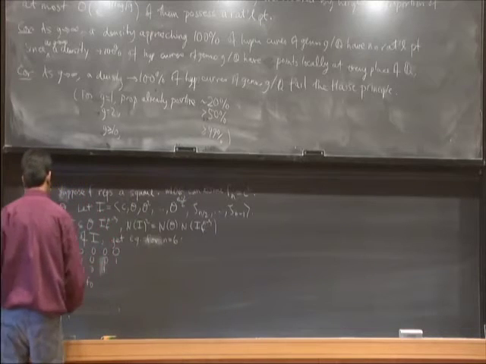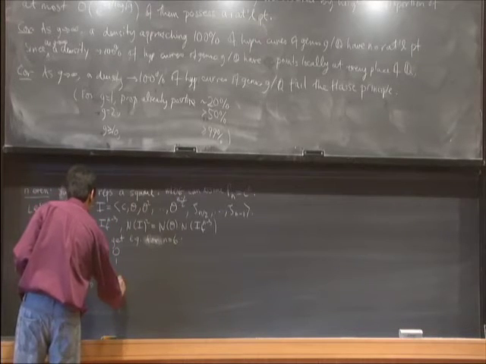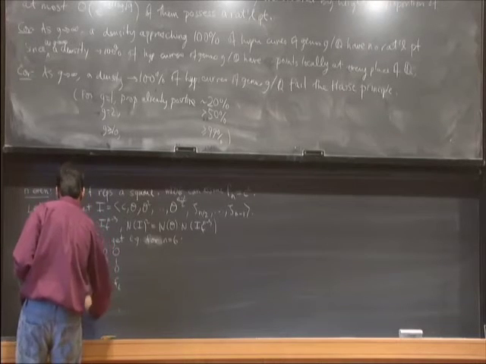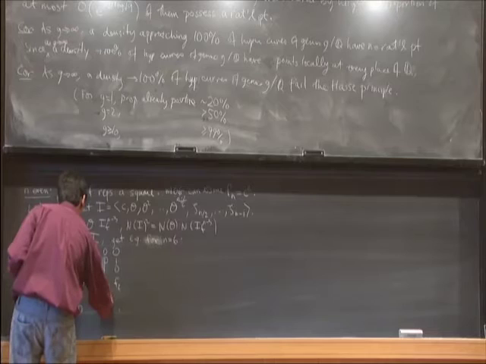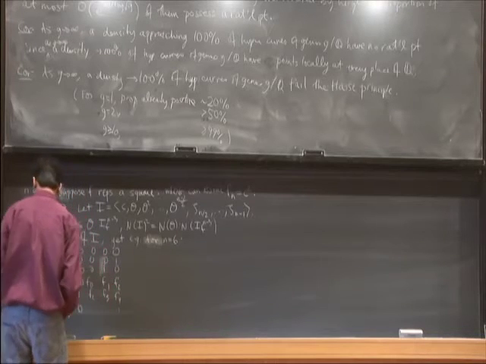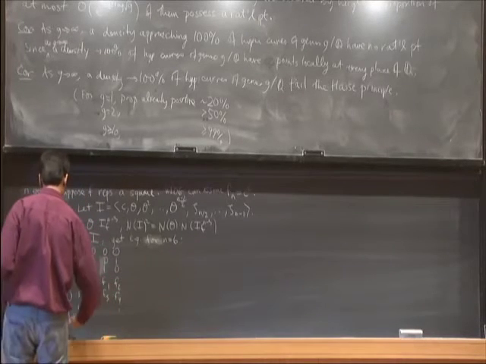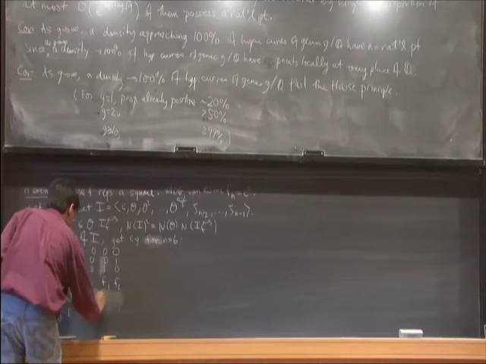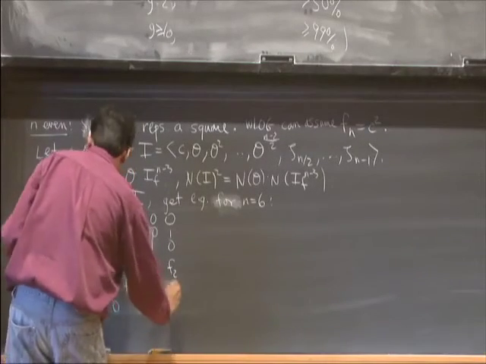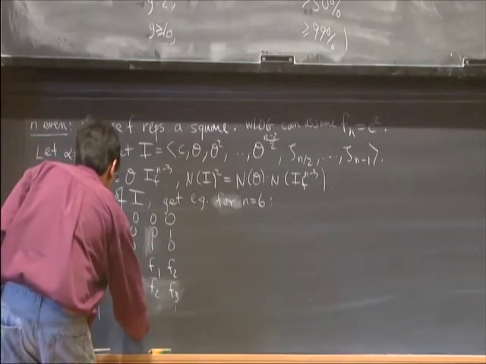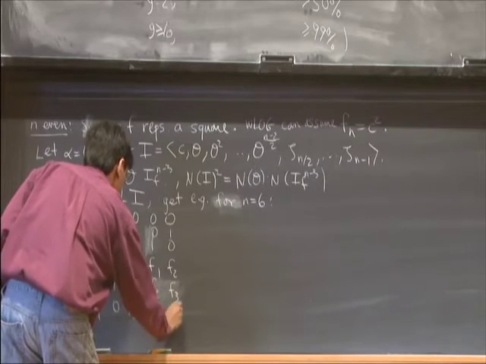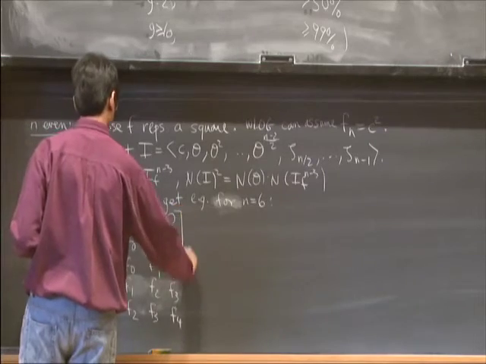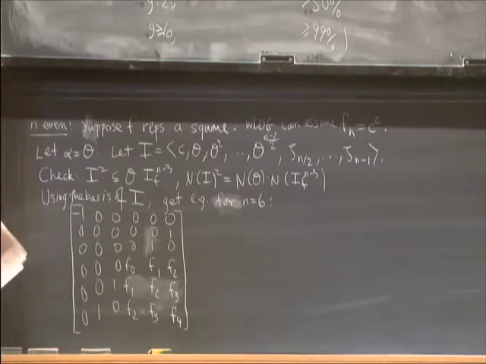And then you get f1, f2, 0 here, f2, f3, f4. Oh, no, sorry. It's f1, f2, f3. And the last line is f2, f3, f4. Okay, that's your A.